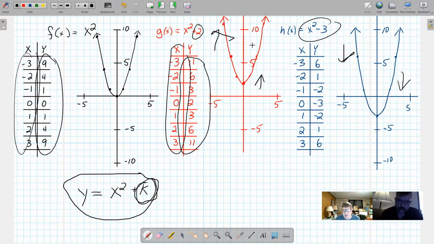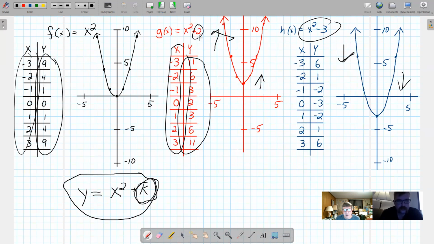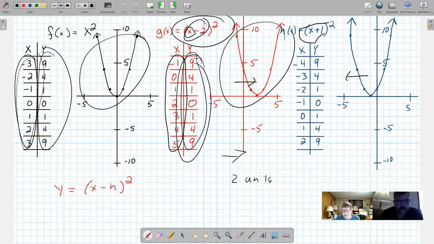So a positive up, a negative down. That seems reasonable. But here, a negative moves it in a positive direction, and a positive moves it in a negative direction. So what happens outside, you could say is obvious, but what's inside is the inverse of what you might expect. And we'll talk more about that in a little bit.